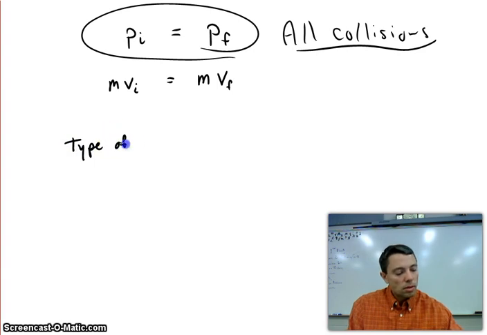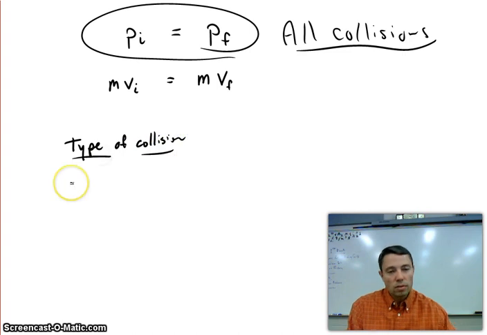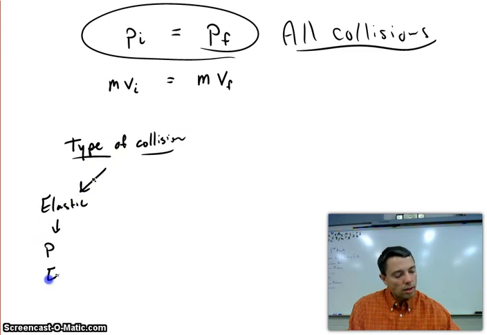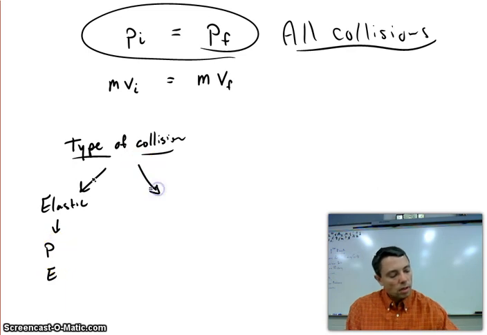Type of collision. You need to say, is it elastic? Because if it is, we have momentum and energy both conserved. If it's inelastic, just momentum is conserved.